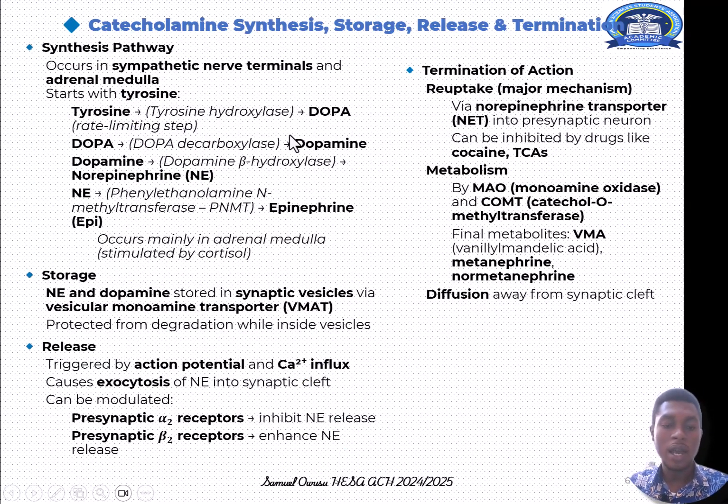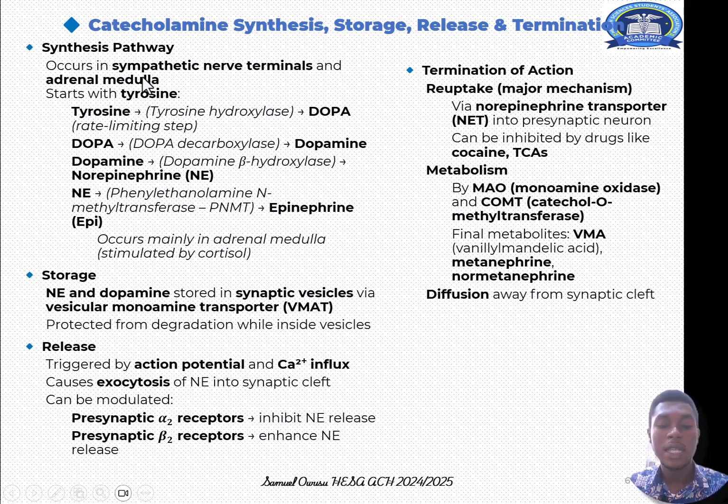Now, how are these catecholamines, norepinephrine and epinephrine, synthesized in the body? So the synthesis pathway is that most of them occur in the nerve terminals, and what we need to synthesize this is tyrosine.